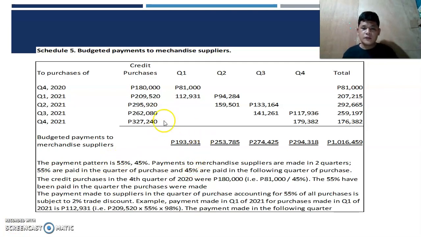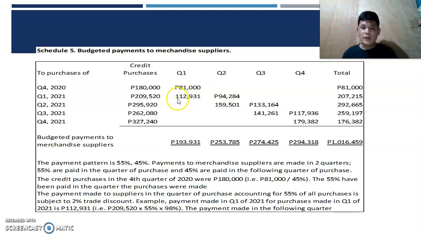So, kaya class, kung mapapansin nyo, 112,931. Kapag yung kumpanya hindi siya mag-claim ng discount, so yung magiging resulta is 209,520 multiply ng 55%, so 115 dapat, 'di ba? Kung hindi siya mag-avail ng 2% discount, 115,236 sana ito.